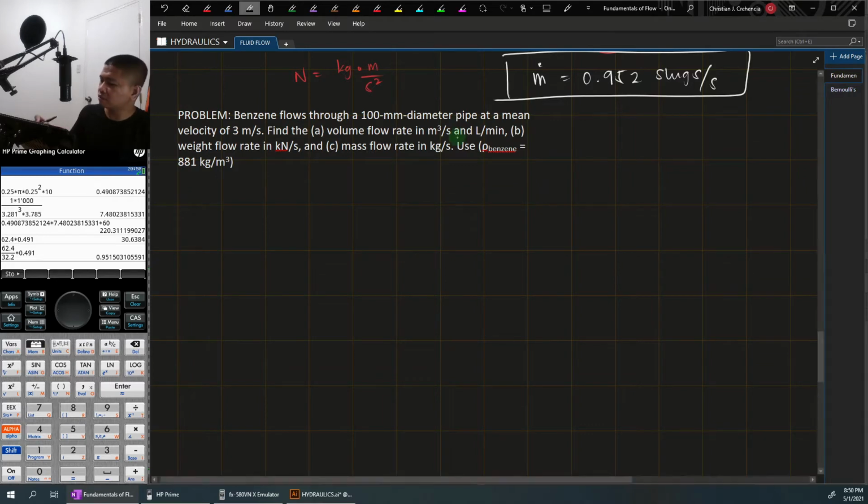So sinabi dito, yung mean or average velocity. Bakit average or mean velocity ang given? So kung meron tayong pipe, yung velocity gradient natin is hindi siya constant, hindi pare-pareho yung velocity ng bawat particle natin dito, no? Okay?